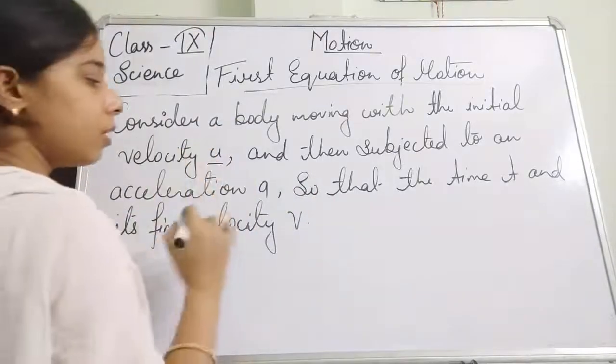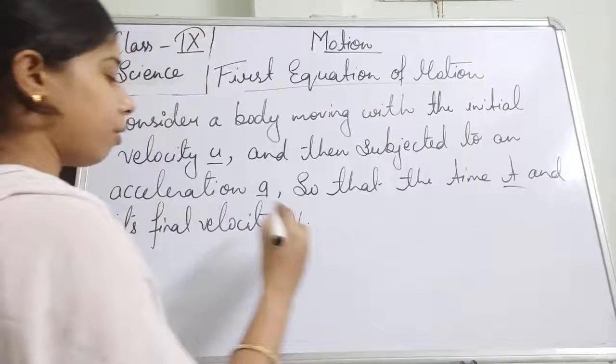Okay, so initial velocity is u, acceleration a, time is t, and final velocity is v.